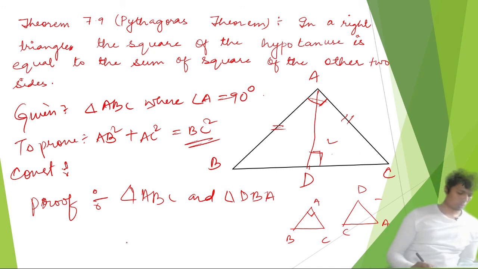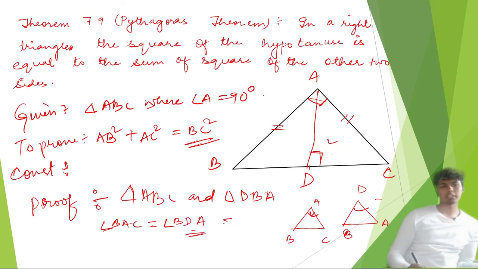Now angle ABC is equal to angle DBA. Angle BAC is equal to angle BDA.